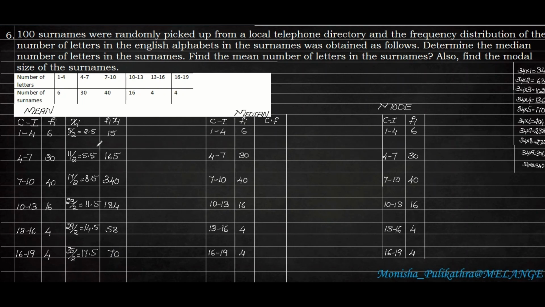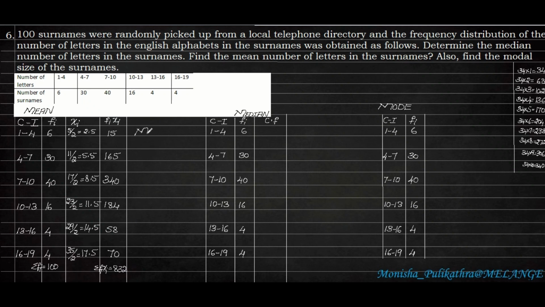Okay, so in order to find out the mean, we need the grand total of both Fi and Fi Xi. So summation Fi we need to calculate and summation Fi Xi. Okay, summation Fi is when we add all these numbers, we will get 100, and the addition of all the Fi Xi numbers, we will get 832.